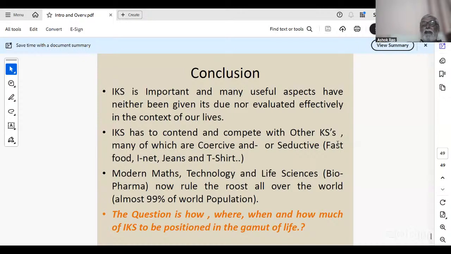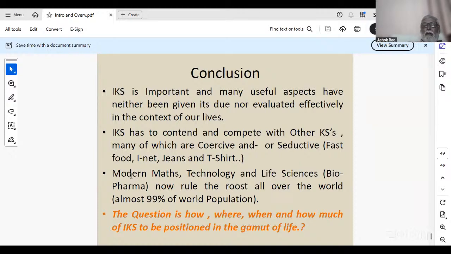They want fast food, they cannot live without internet, and both boys and girls are in jeans and t-shirts because it's convenient. Jeans means you need to wash it once in 6 months. T-shirt means very easy to wear and wash.